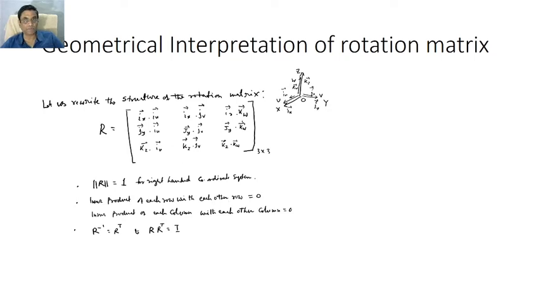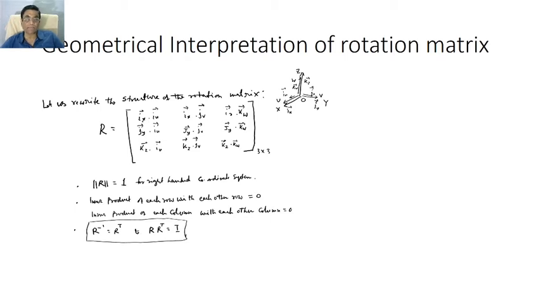Same thing holds for the dot product of each column with any other column, which will also be equal to 0. And I think the most important relation you know is R inverse equals R transpose, which directly gives you R transpose R equals the unitary matrix.